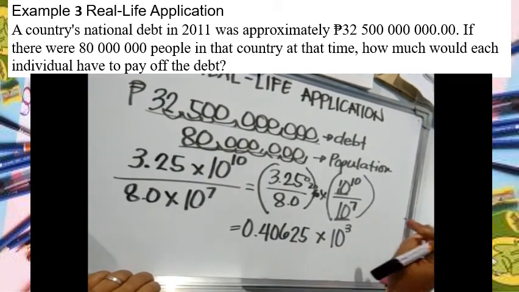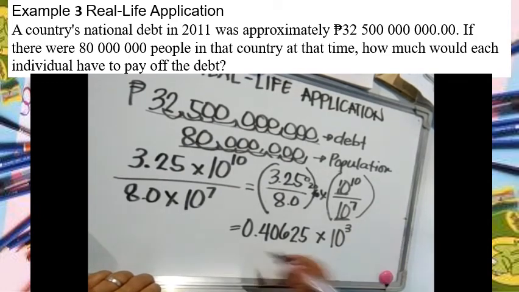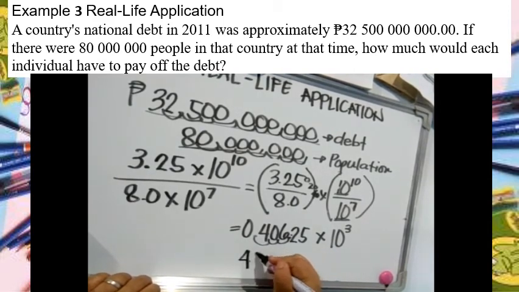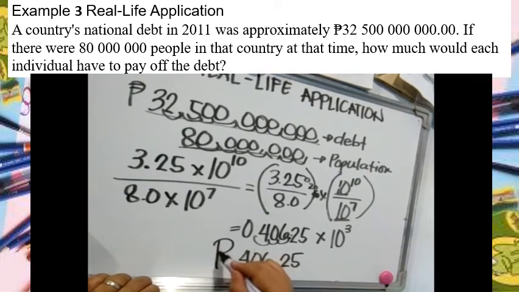And now, 0.40625 times 10 to the power of 3 is equal to what? Mag-move ta og 3 places from the decimal point. Okay? So, we have 1, 2, 3. So, ang point naa na dayon diri. So, mahimo na dayon ni siyang 406.25 pesos.